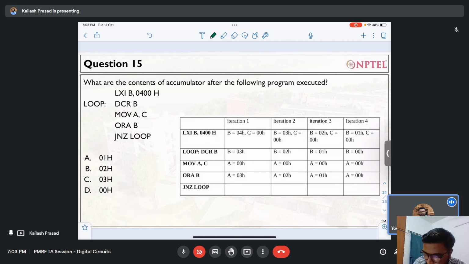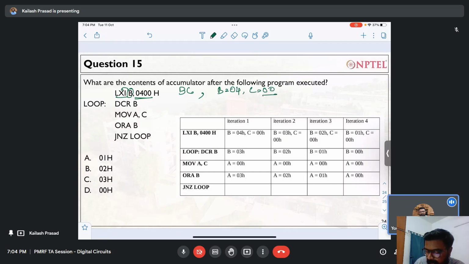Please note that after this step, this is an LXI operation, and with LXI, it is actually the BC pair, not only B. Whenever LXI is used with B or D, it is a pair. So B will be 04, and C will be 00.